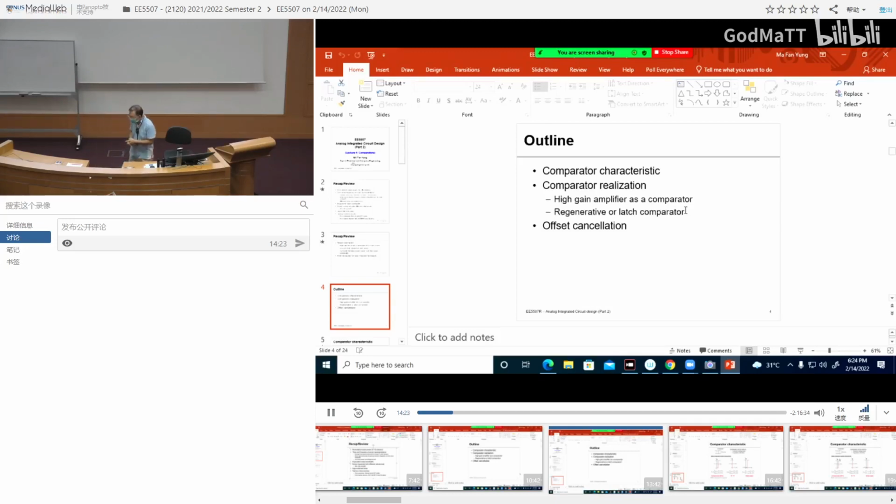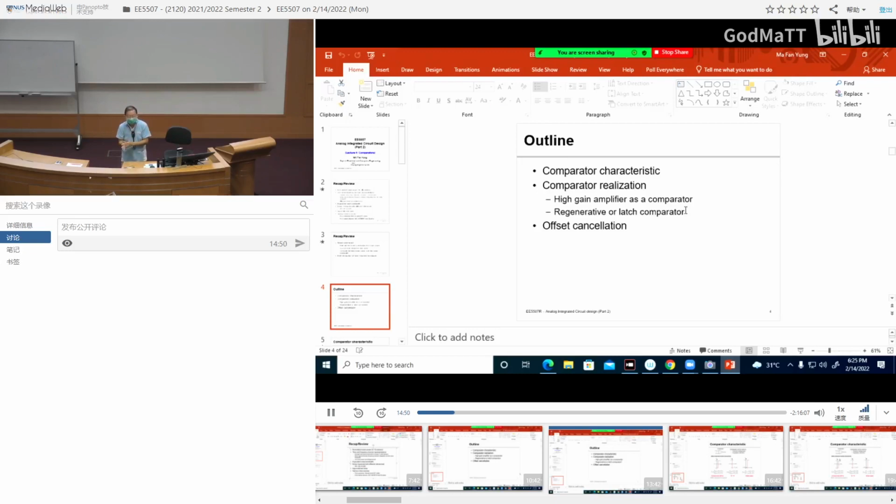So mismatch comes about not because you draw wrongly, but because of the manufacturing process: how they build the resistor, how we build the MOS, how we build the BJT. Because of doping, because of the lithography, everything, there will be some small differences.